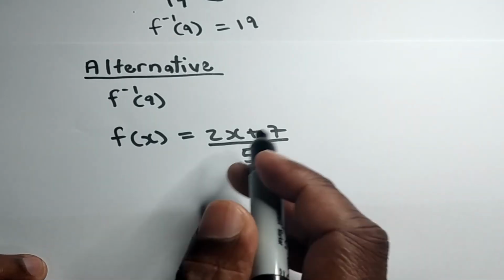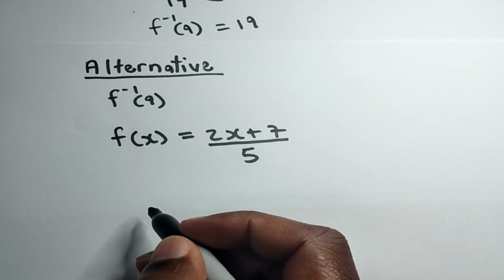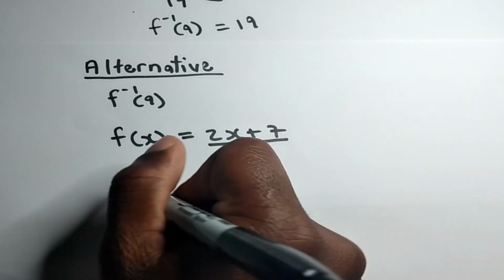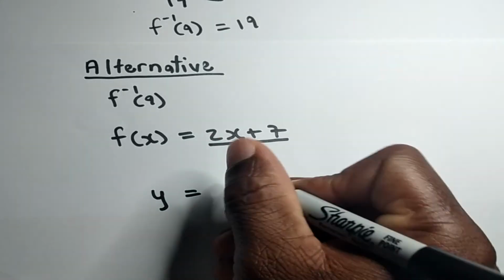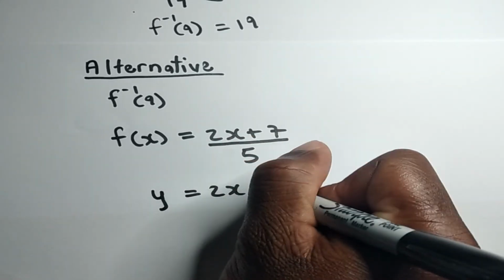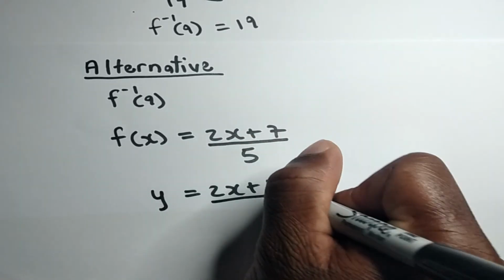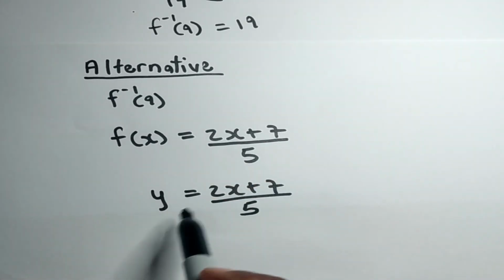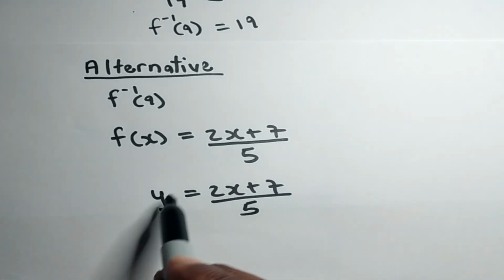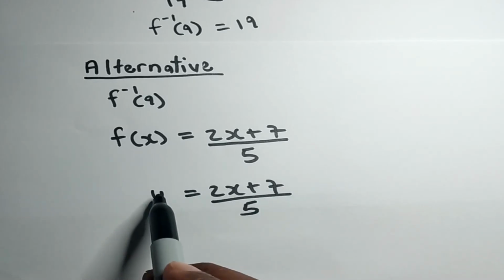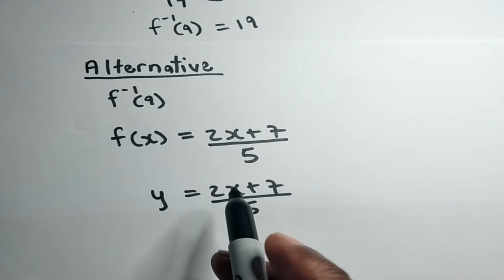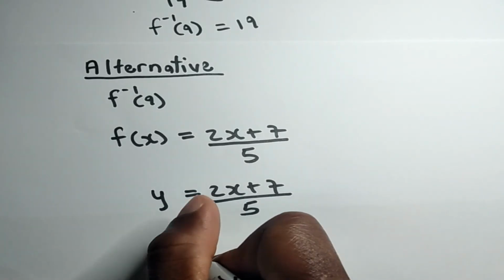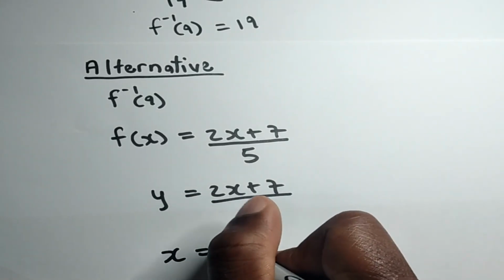All right. So how do we find the inverse of this thing? So again, we're going to let f of x be equal to y. So y is equal to (2x + 7) over 5. Then what we're going to do now is to interchange x and y. So wherever I have y, I'm going to replace the y with x. Wherever I have x, I'm going to replace the x with y. So here I replace the y with x.